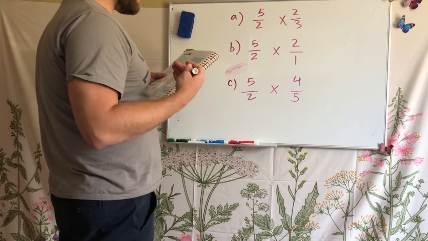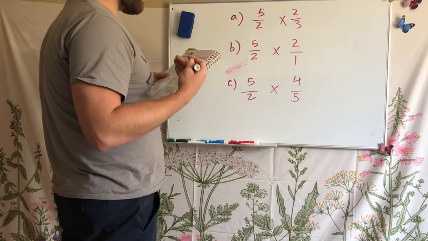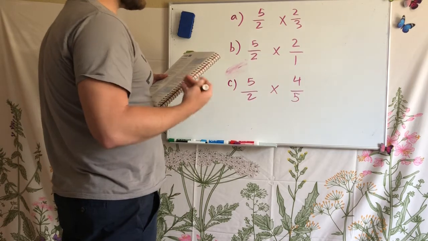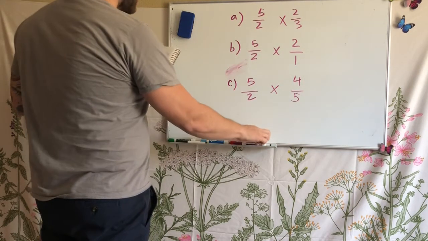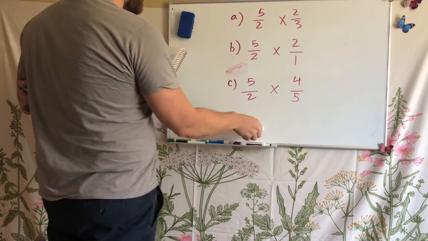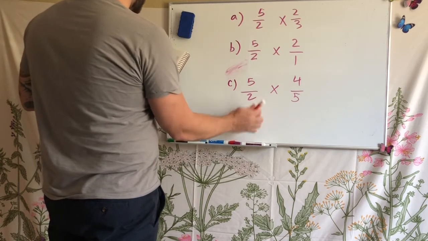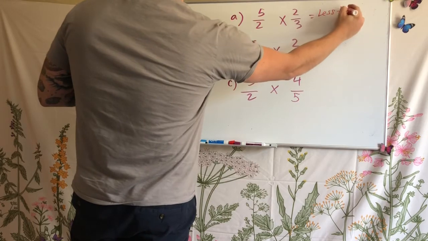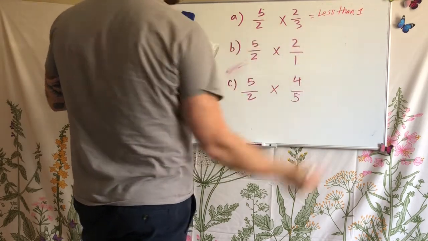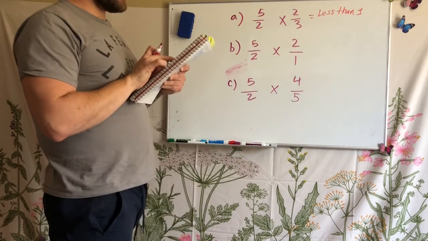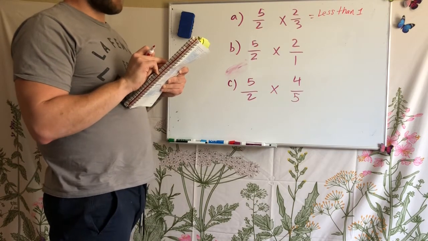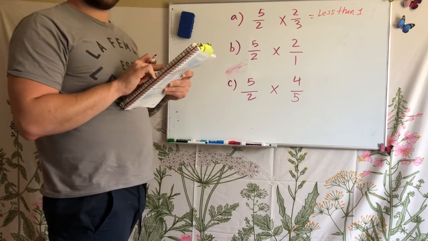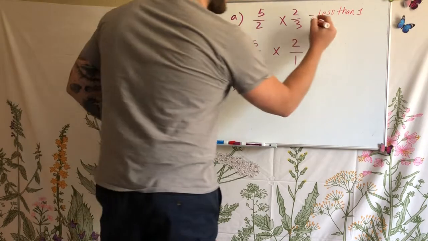Do you multiply by a fraction that is more than 1 or less than 1 for problem A? Less than 1. So do you end up with more than 5/2 or less than 5/2? Less than 5/2.